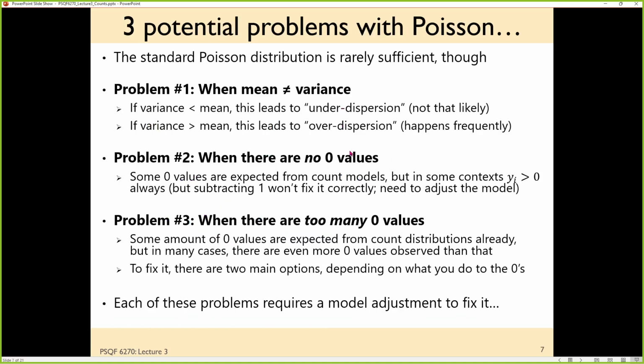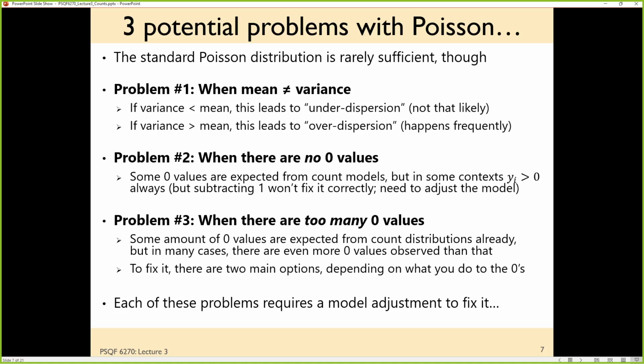There are 3 problems with the use of this distribution, and there are fixes to all of them. Number 1, when the mean is not the variance. When there's less variance than there's supposed to be according to Poisson, that's known as under-dispersion. I've never seen that happen, although it's theoretically possible. What I've seen happen more often is over-dispersion. That is a term more general than just these models.